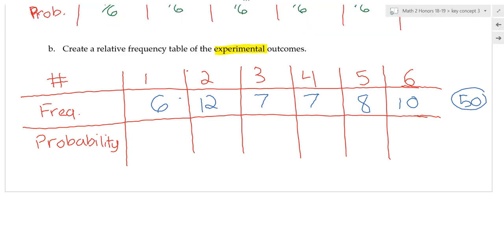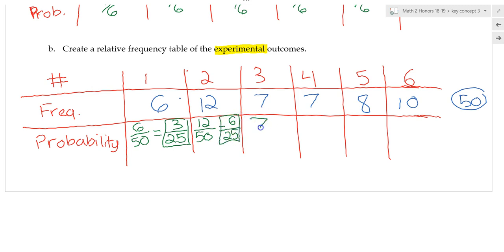Now I'm finding my probability here. My probability of a 1 is 6 out of 50, which equals 3 out of 25. Rolling a 2 is 12 out of 50, which equals 6 out of 25.